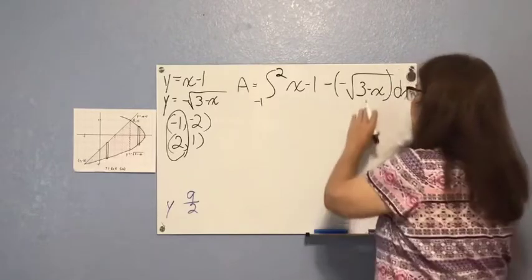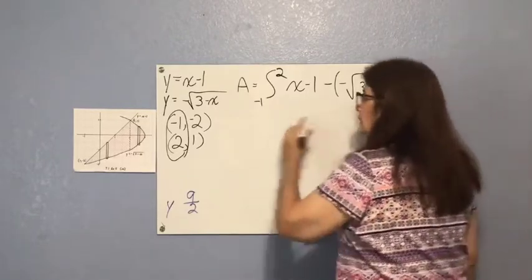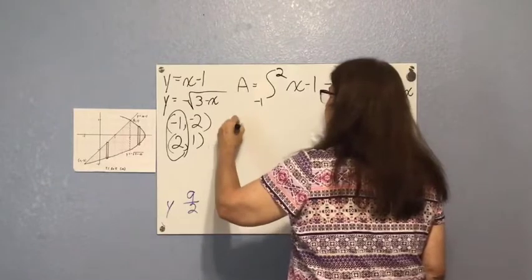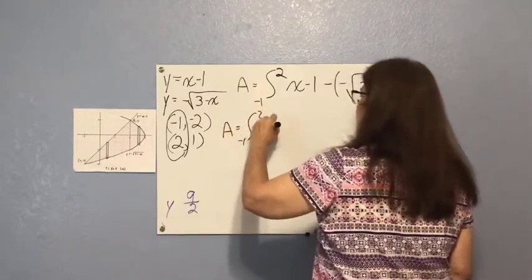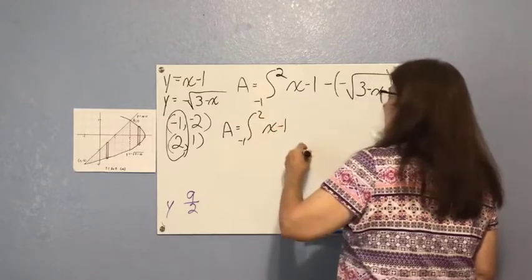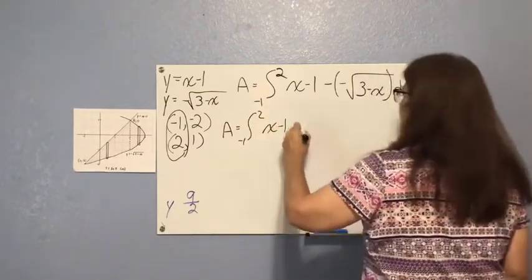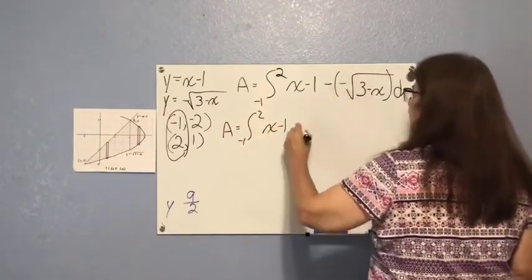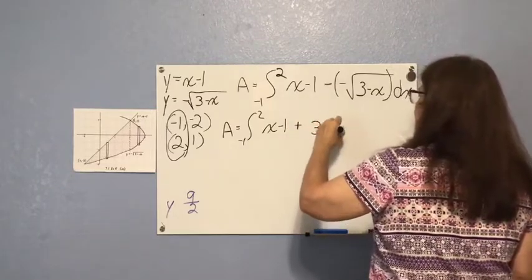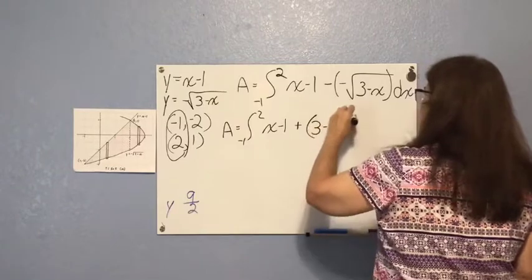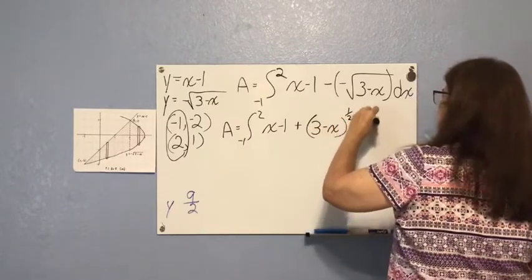Okay, I'm going to rewrite this with a rational exponent. And since I have 2 negatives, this will be plus. It's going to be (3 minus x) to the 1/2 power.